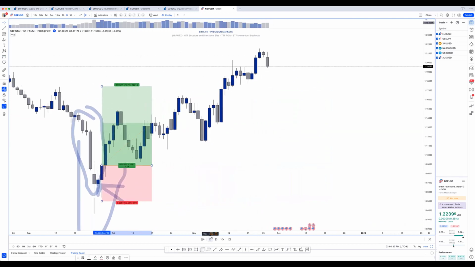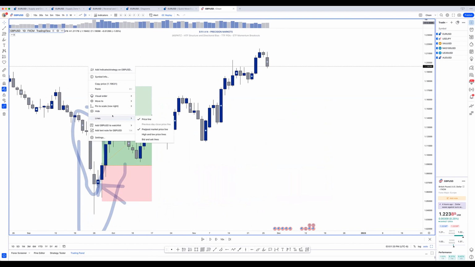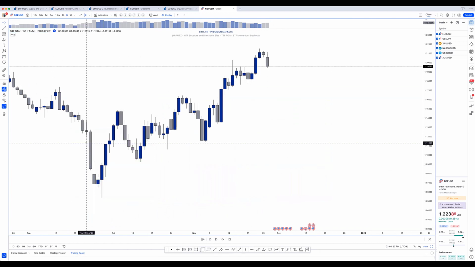Does that make sense? Yeah. So that's why that's important. Please remember, none of this is your market. None of this is my market. It's the bank's market. Your goal is to ride with the banks. At the end of every day, your goal is to ride with the banks.